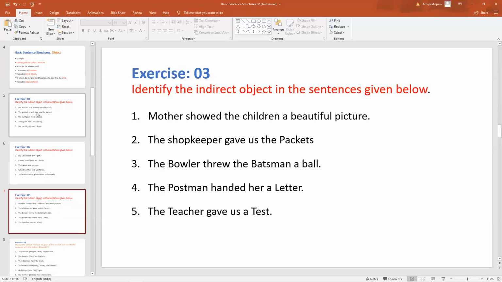Then the next one, the bowler threw the batsman a ball. Right. The next, the postman handed her a letter. Okay. Then the next one, the teacher gave us a test. So same thing here also. You will first identify the direct object and then the indirect object.